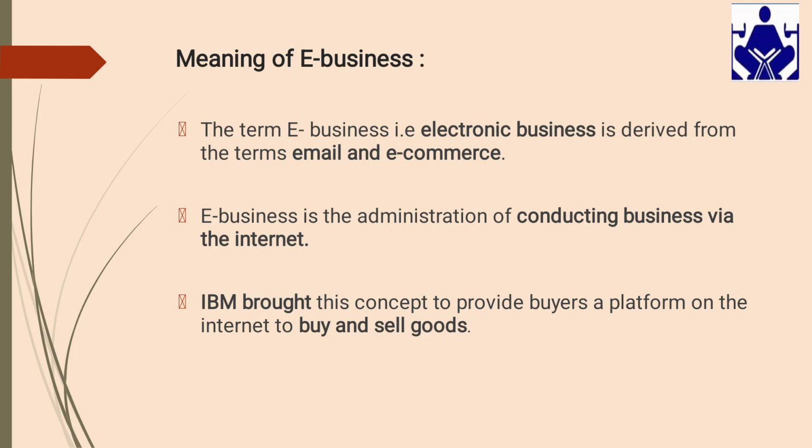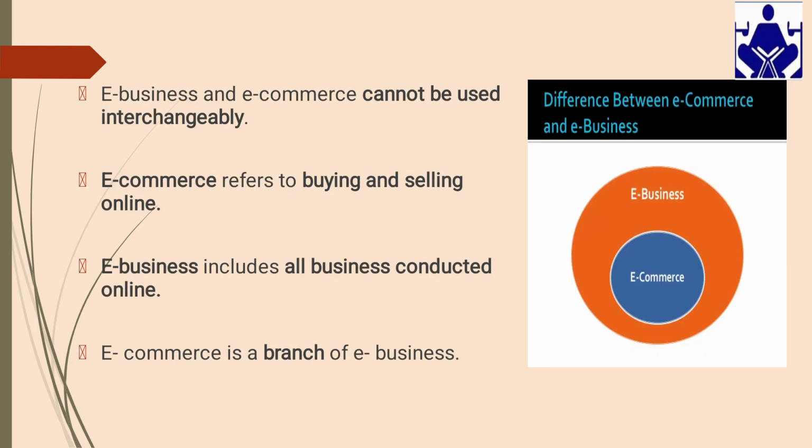IBM brought this concept to provide buyers a platform on the internet to buy and sell goods. E-business and e-commerce cannot be used interchangeably. E-commerce refers to buying and selling online. E-business includes all business conducted online. E-commerce is a branch of e-business.